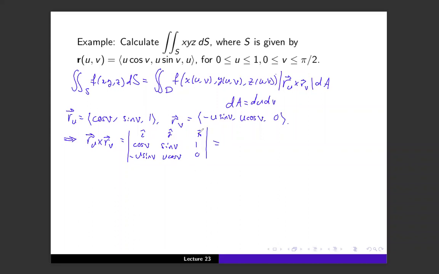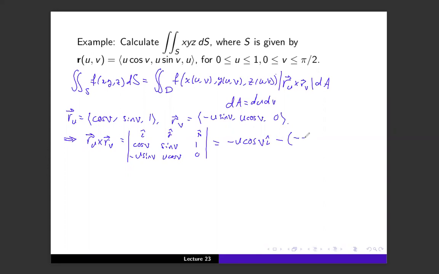So you take your cross product, and what does this come out to? This is going to come out to negative u cosine v i minus, now just to be safe with the minuses, it's minus 1 times negative u sine v, but you negate that again.